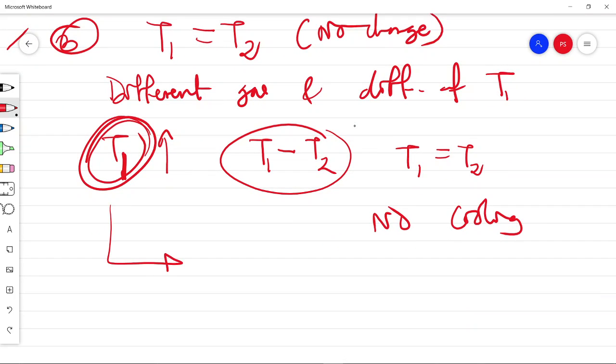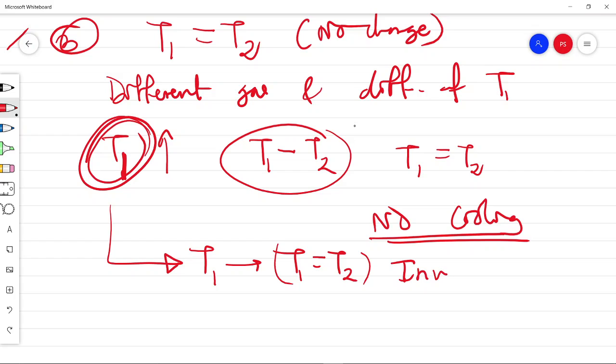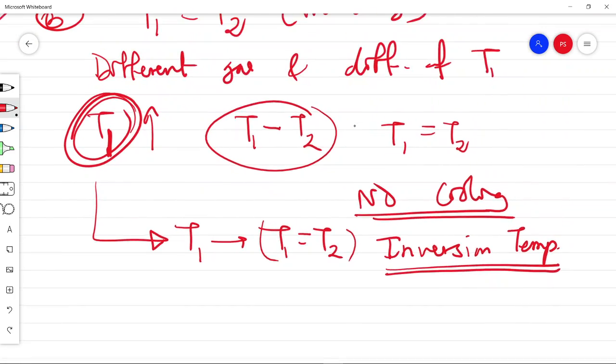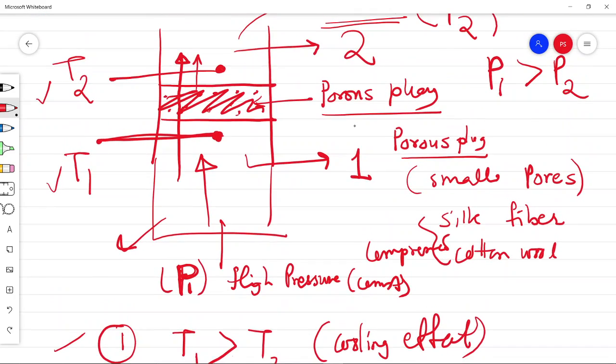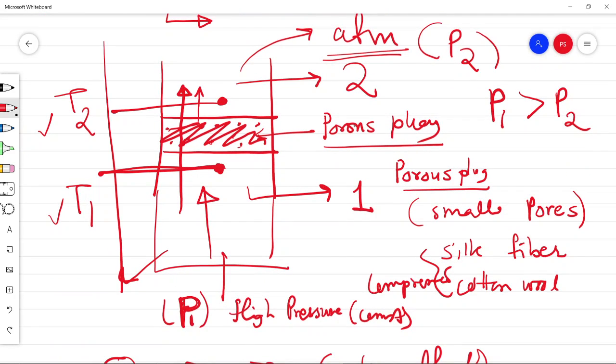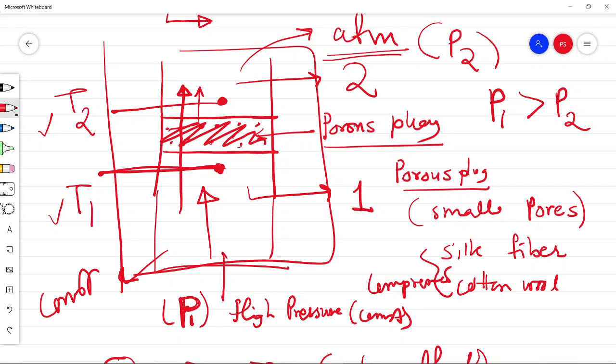That particular temperature T1, which corresponds to T1 equal to T2 and beyond which no cooling is observed, is called the inversion temperature. The theory behind these three possible outcomes has already been studied in detail, which we are going to discuss here in brief. Of course, this whole setup of the Joule Thomson experiment has to be enclosed in a constant temperature bath.